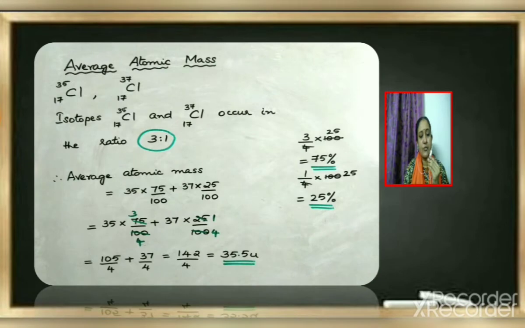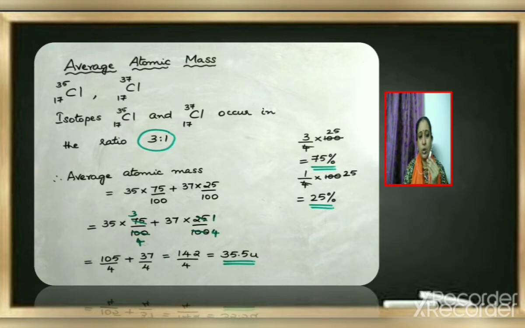Atomic mass of chlorine is taken as 35.5 U. So how can we get the average atomic mass if the atom exists in two or more isotopic forms? For example, consider chlorine. There are two isotopes, Cl 17 35 and Cl 17 37.